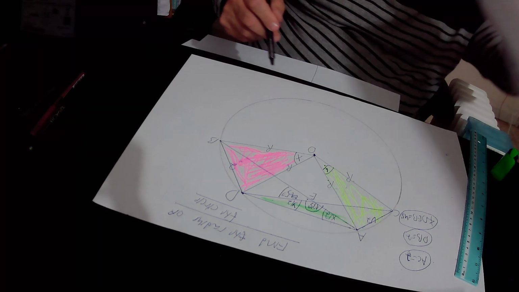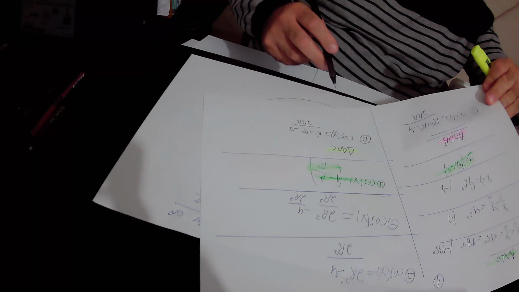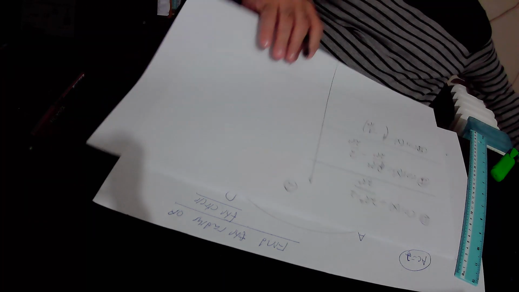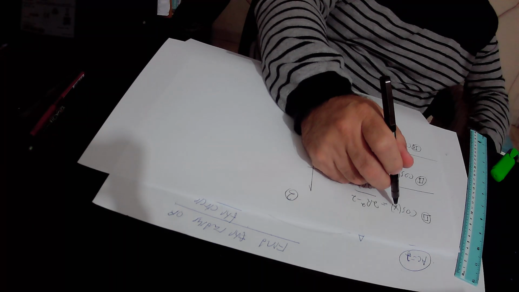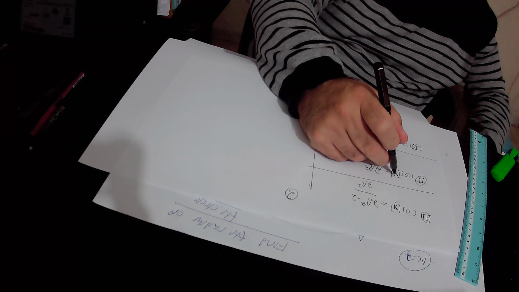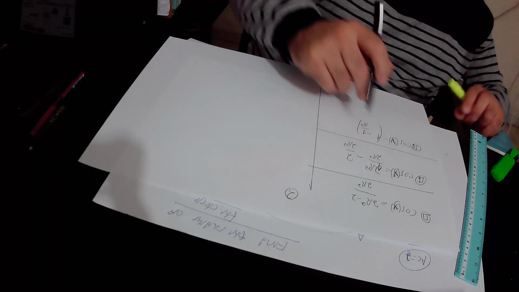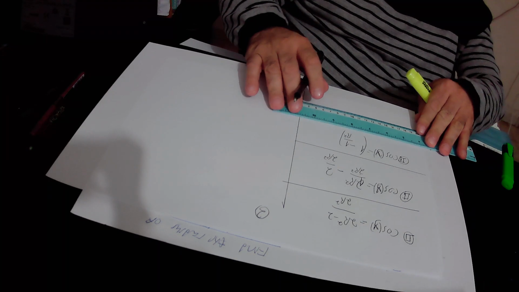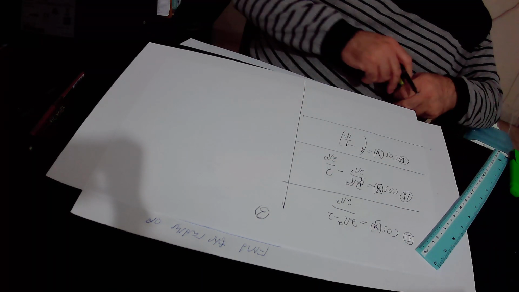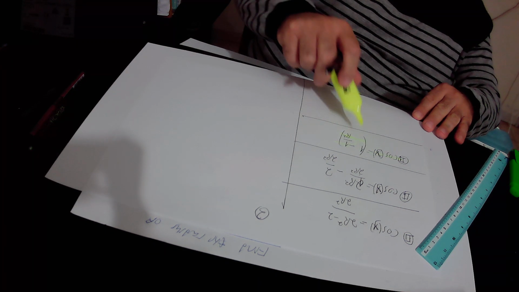So in conclusion, we found out that cosine y equals 1 minus 1 over r squared.